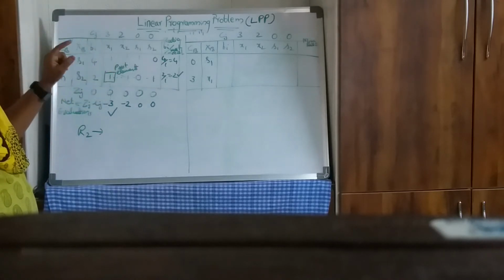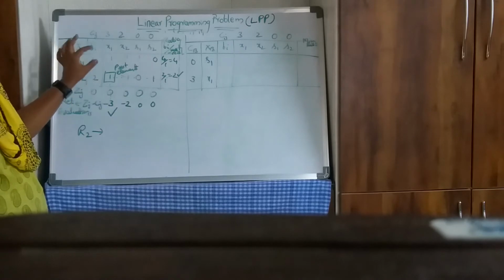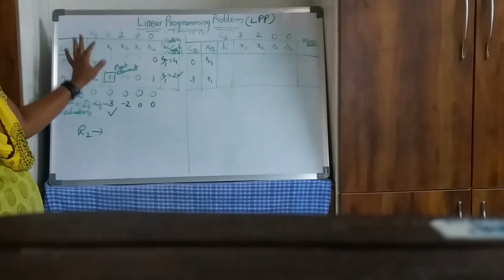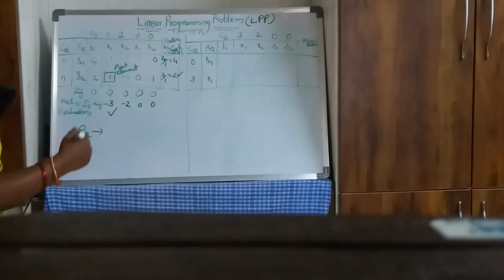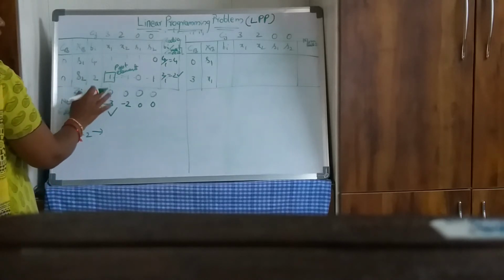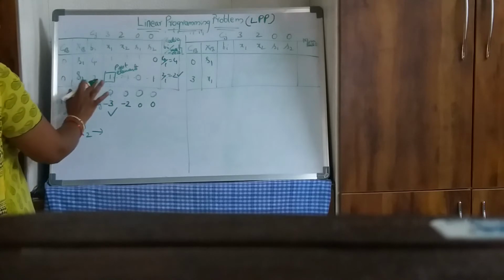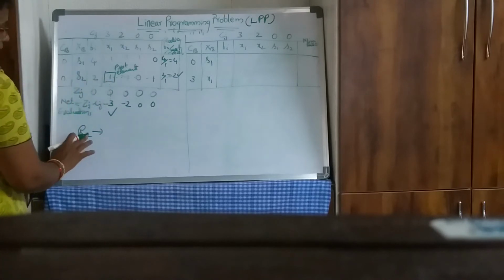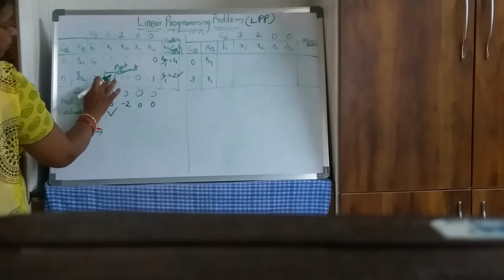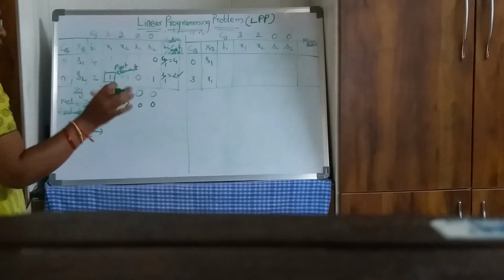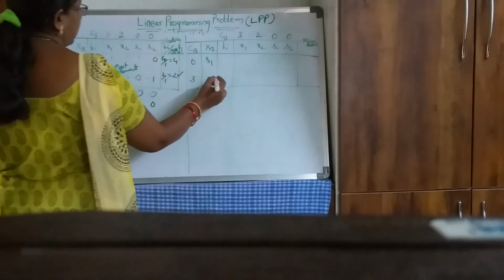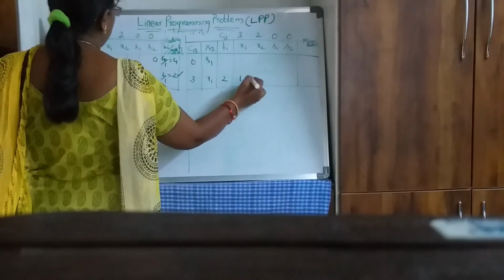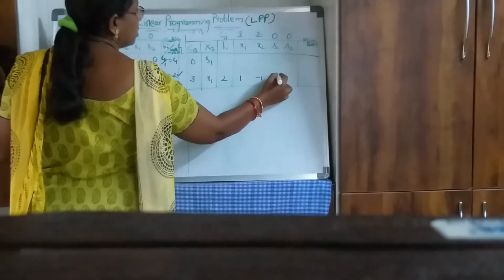Remember, we have to make the pivot element 1 and all other elements in that column zeros using row transformations. So we will start from the row which has the pivot element. Because we have the second row as the pivot element, I am starting with R2, and because the pivot element is already 1, I will write R2 as R2 only. So here I will write it as 2, 1, minus 1, 0, 1.